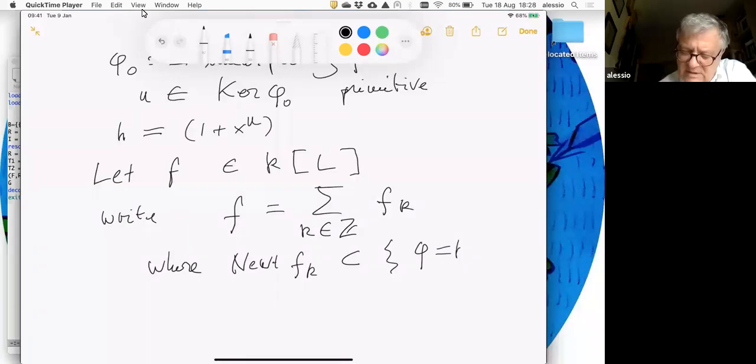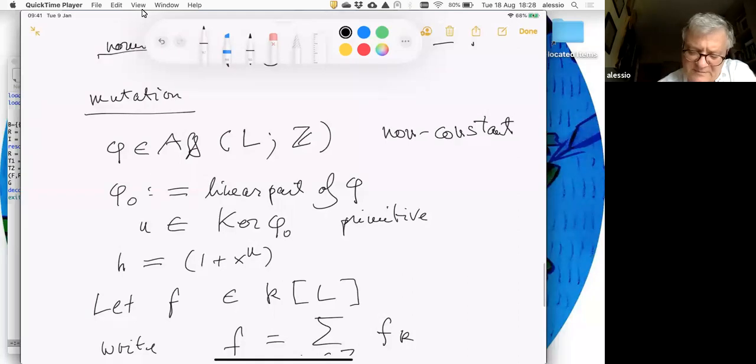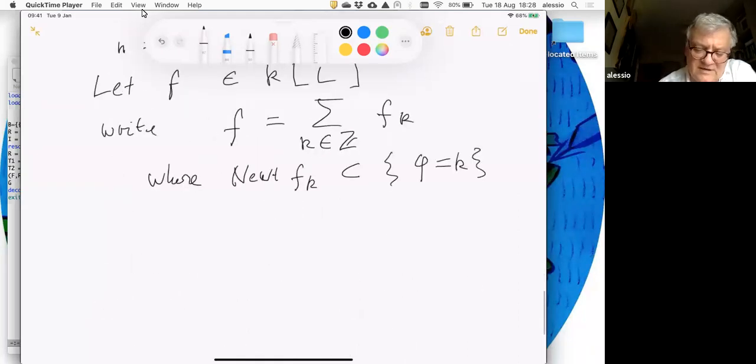Okay, phi being this affine non-constant map. And the mutation of f, when it exists, is defined to be, it depends on this choice of phi, the sum of h to the k times f sub k.